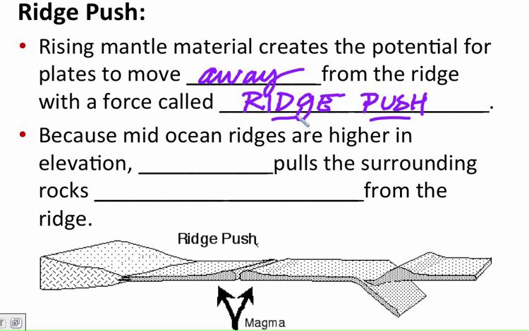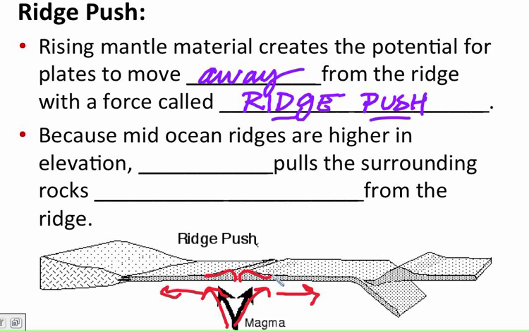So this is the top part of the convection current where I have that warm material rising up from the heat of the inner core and the outer core. As that warm material rises up and hits the bottom of the crust, it has nowhere to go. So it automatically starts to divide out and I get a little ridge that forms on the Earth's surface. Okay?